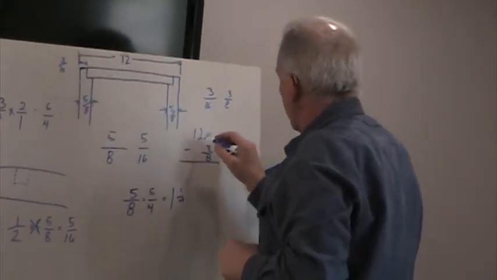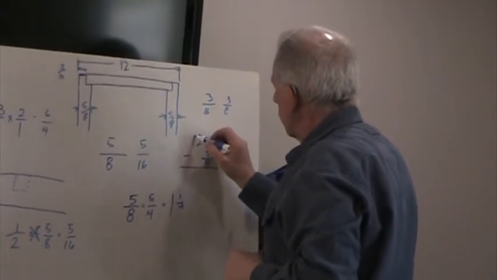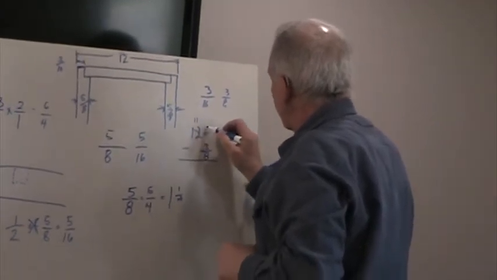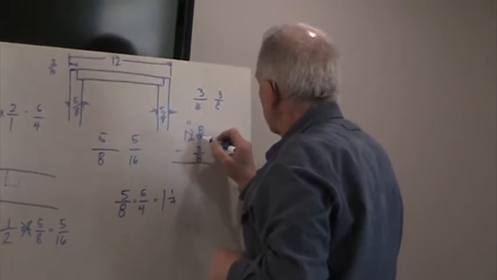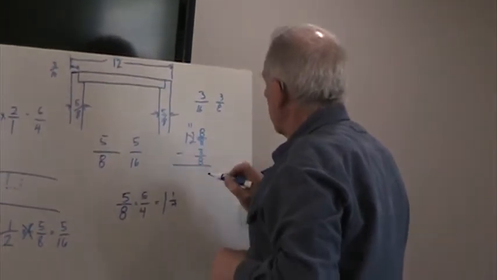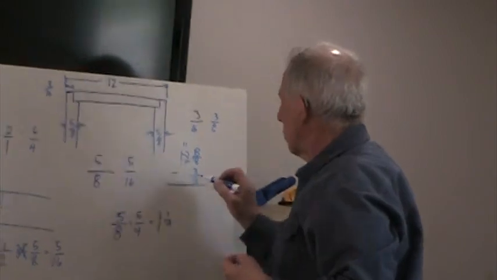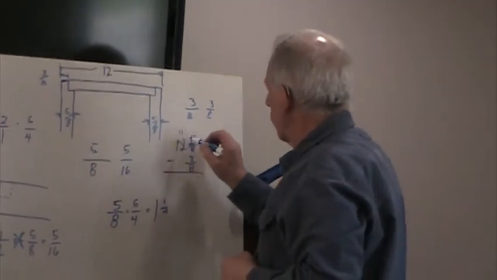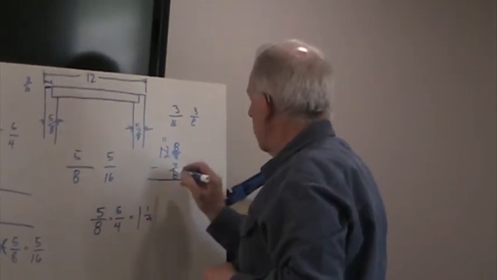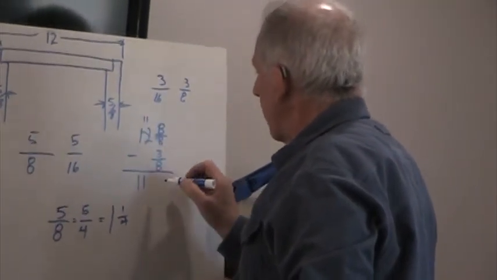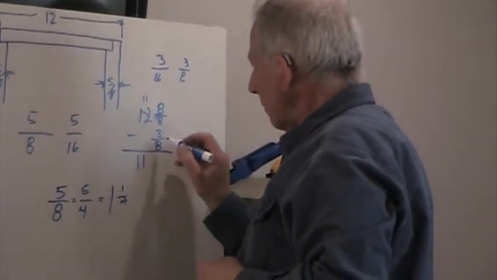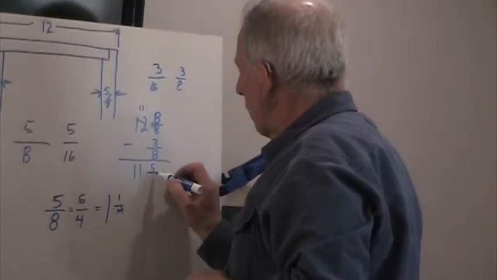Well, I can't subtract this from here. I have to change 12 to 11 and make this 8/8. Right? So 8/8 is the same as 1, so I just took 1 away from the 12, made it 11, and made 8/8 over on the side. So my answer is going to be 11, and 8/8 minus 3/8 is 5/8.